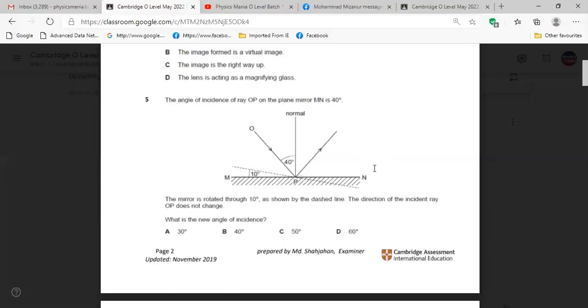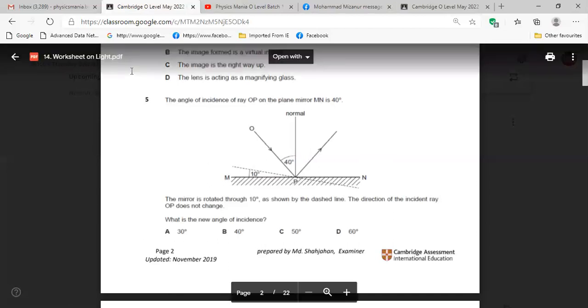Yeah, because here, if you bend it, look, Farabi, did you understand? Monica already understood it. If you bend it this way, 10 degrees, then your normal will come here, right? Normal will not be here. Normal will come here, 10 degrees, isn't it? It will be the new position of the normal. So the ray is still coming from here.